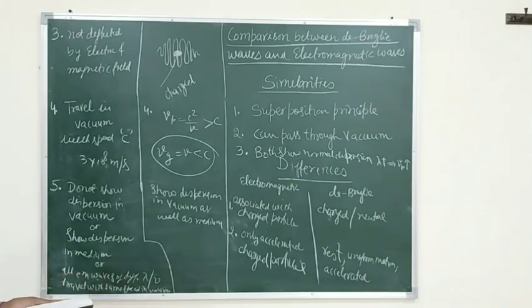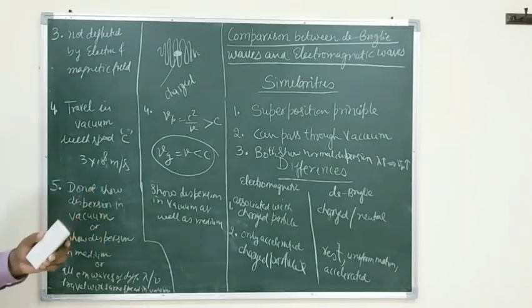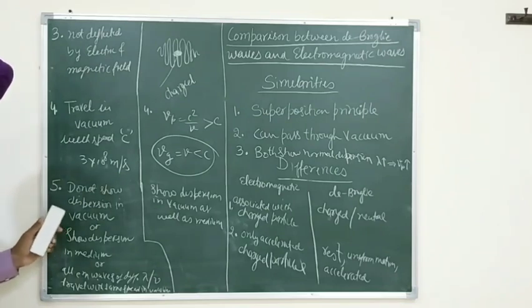However, the nature of dispersion is the same, but the condition under which the dispersion will be shown by electromagnetic waves and the matter waves will be different. That is, these show dispersion only in a medium, and these show dispersion in a medium as well as in vacuum. So I have just tried to compare similarities and differences between the electromagnetic waves and the de-Broglie waves.